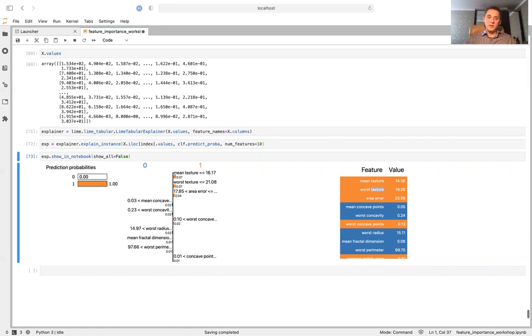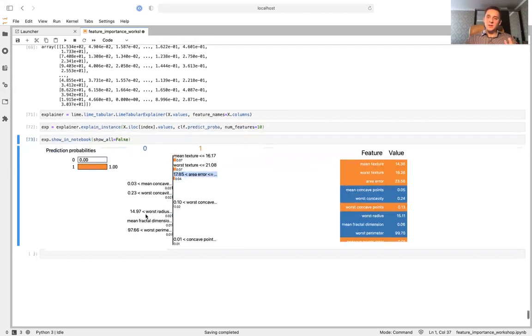We can see that mean texture is less than 16.17, and worst texture and area error are in some kind of range, and these are the most responsible features for predicting 1. Mean concave and worst concave were actually voting for 0, so that's how LIME thinks in terms of this prediction. Worst concavity was voting for 1, etc.